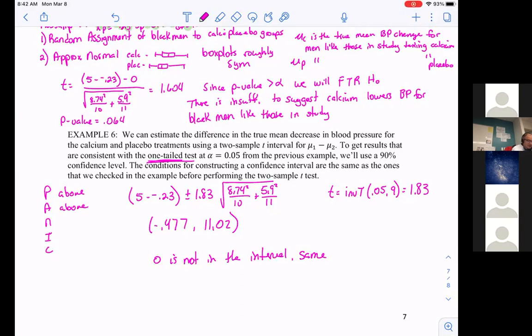So yes, that's me getting in a hurry. 0 is in the interval, so same conclusion of no difference can be suggested.